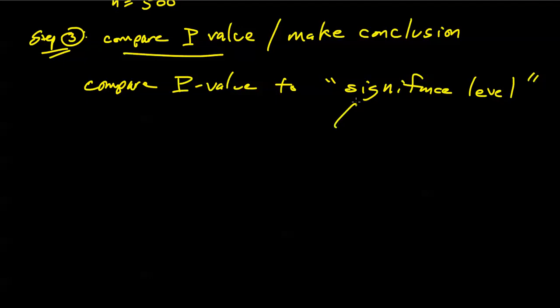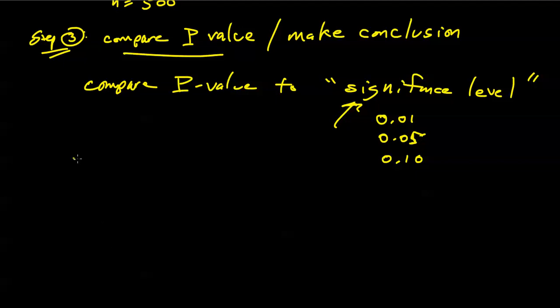Now this is typically given to you in the problem statement. Its typical values are 0.01, 0.05, and 0.10, kind of small, medium, large levels of significance. And it's what one might consider a burden of proof, the height of the hurdle the evidence has to overcome in order to reject H0.